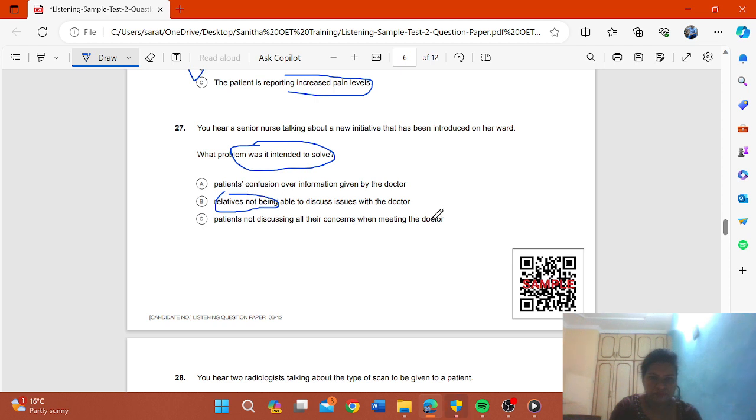The cards are then collected and given to the doctor before the ward round. We're really pleased with the response. Patients used to say that they only thought of the things they felt they needed to discuss when it was too late, so the cards give them a better chance to bring up whatever's on their minds. In fact, it's been so successful that we're going to roll it out on all wards in the hospital.